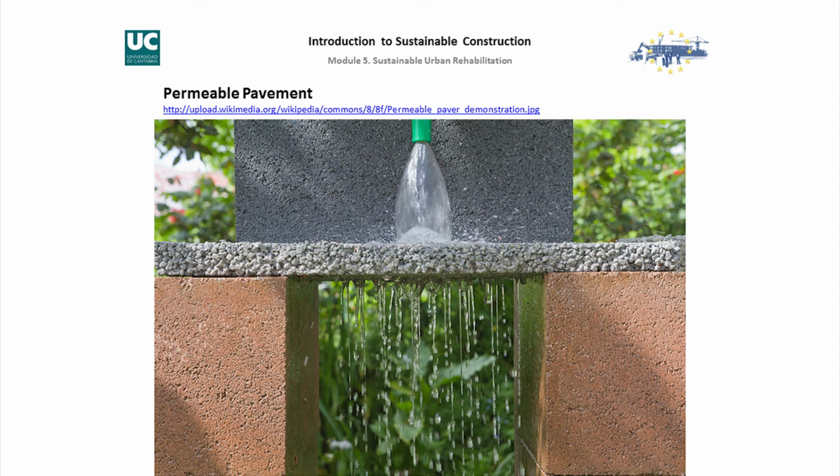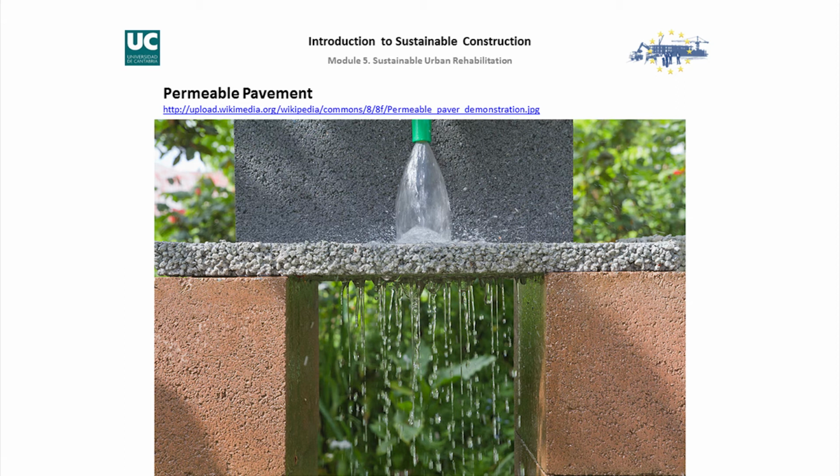Another example of SATs, probably the most complete system or the most complete technique, are the permeable pavements. The permeable pavements, sorry, are not only reinforcing grass. They don't have to be green always.